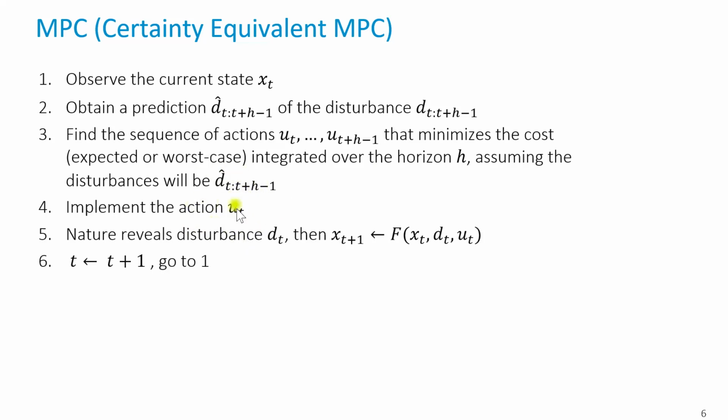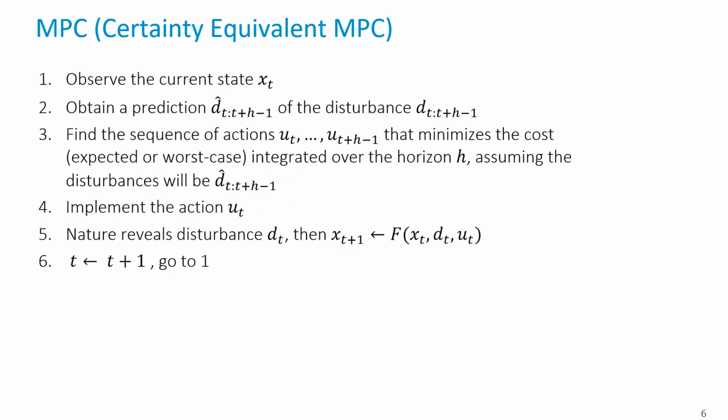We implement u(t). The others were computed, but they will not be used, because in the meantime, before applying u(t+1), I will advance my time. I will measure the state and the disturbance. I will remeasure the new state from direct measurement rather than from the state equation. And I will do it again. So that's the main idea of MPC.